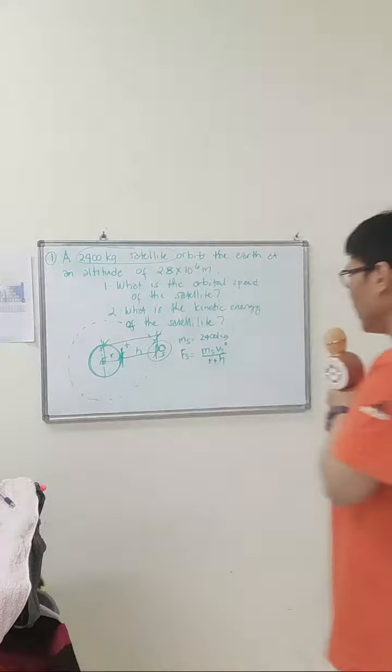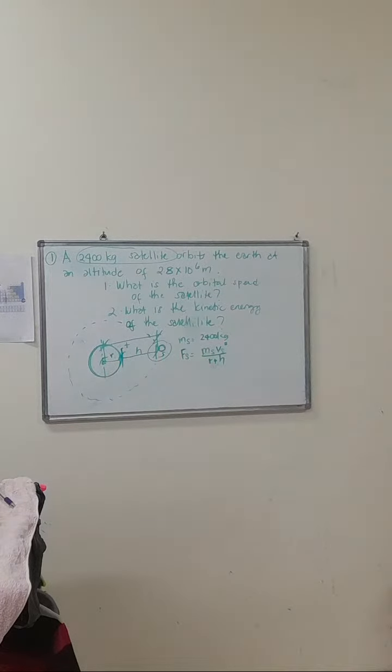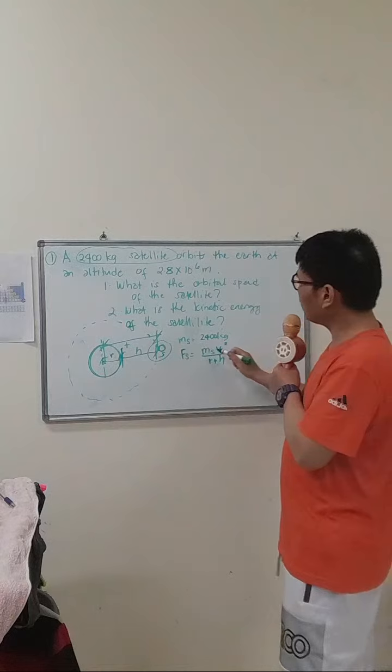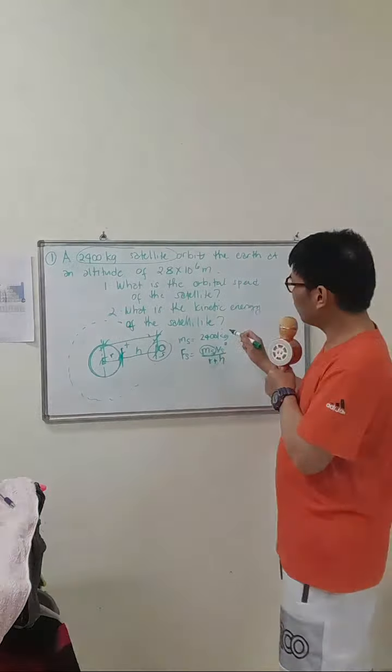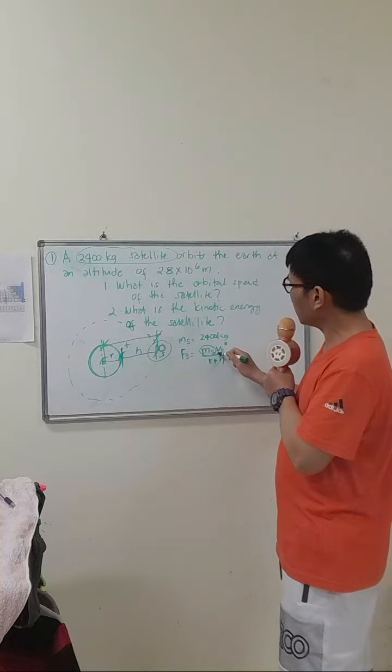So you have the mass for the satellite here, and then you need to compute the velocity of the satellite, the Vs.